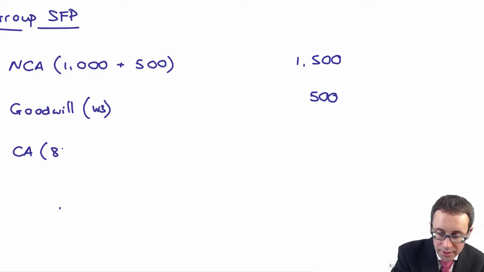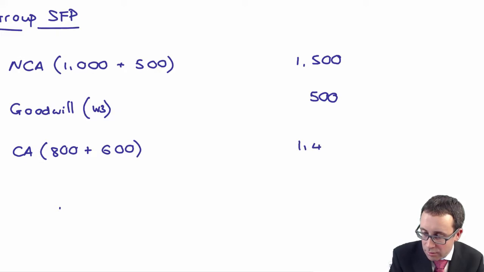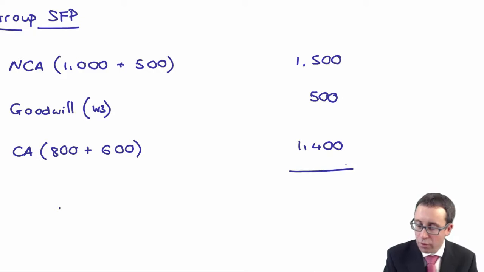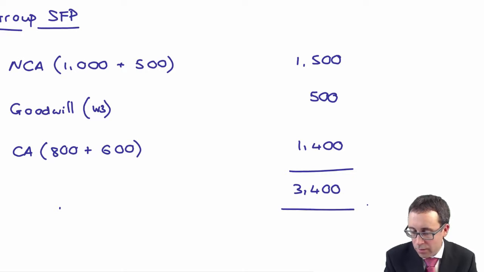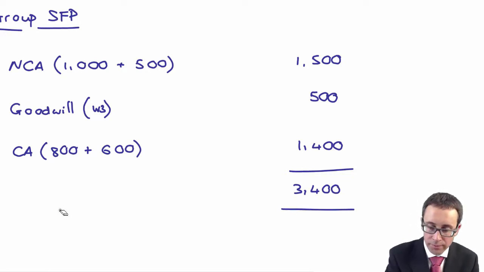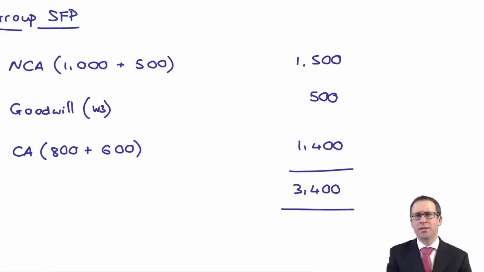My current assets are there as 800 plus 600, which gives me 400. And I think if you total that up, it gives you 400. Okay, it's there when you sit and hope that when you work out the equity and liability section, it then balances.